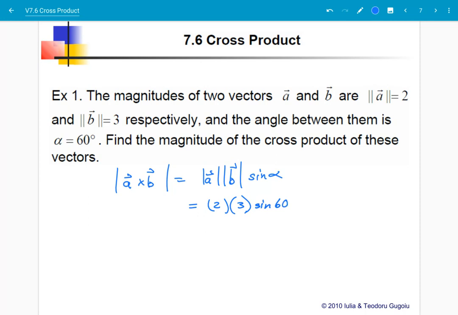Sine of 60, and of course the angle is always between 0 and 180, so think about that. Anyways, there we go. And the answer to this is 3 root 3, right? Sine of 60 is root 3 over 2. So the answer to this is 3 root 3.